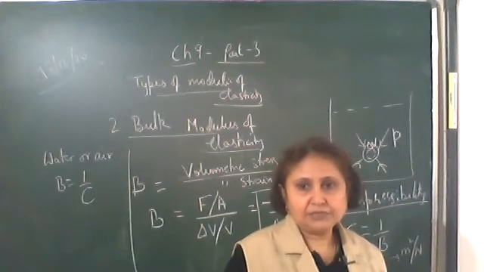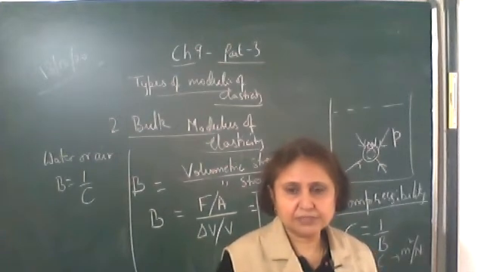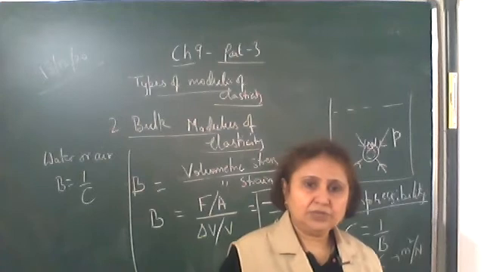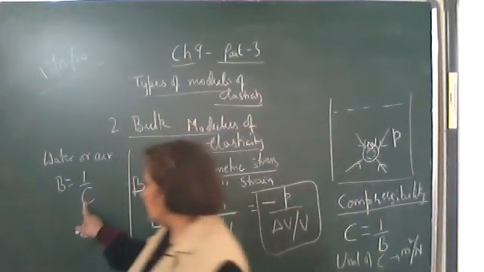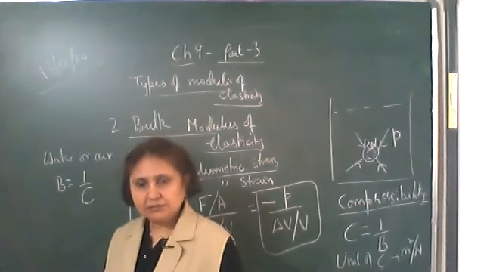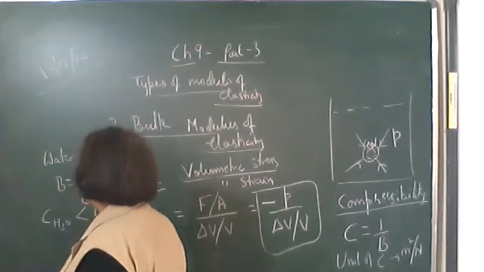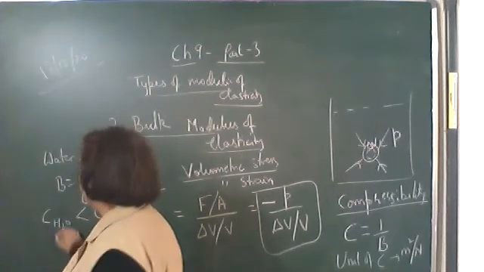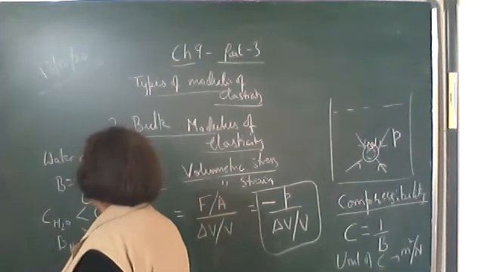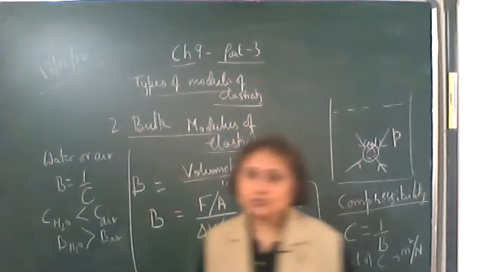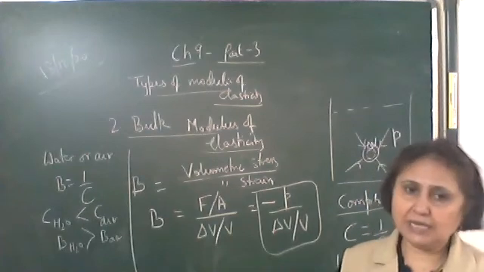Obviously water is less compressible than air. So the compressibility of water is less than that of air, so the bulk modulus of water will be more than that of air. So water is more elastic than air.